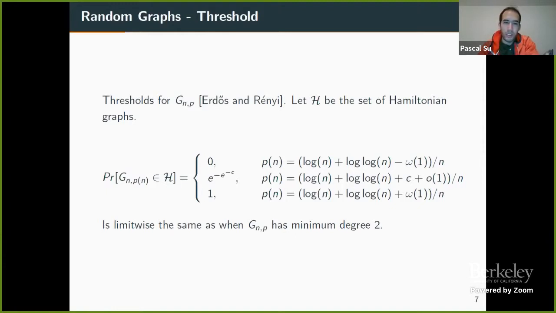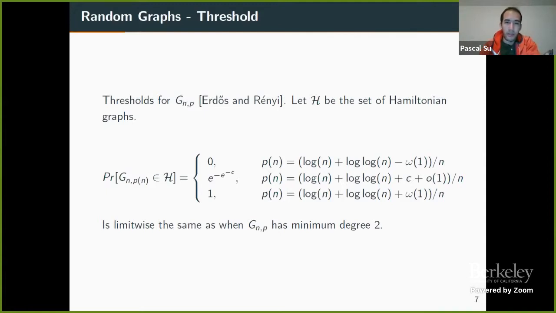This threshold coincides with minimum degree 2. So as soon as G(n, p) has minimum degree 2, we also expect it to have a Hamilton cycle. And not any sooner, because a vertex with only one edge cannot be part of the cycle.